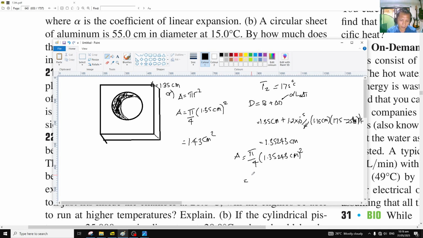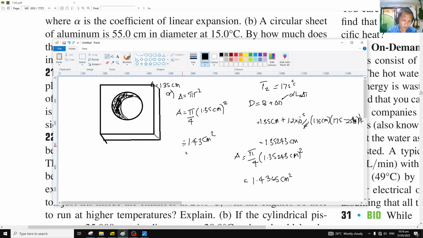So pi times 1.35243 squared divided by 4, and that will give you 1.4365 square centimeter.